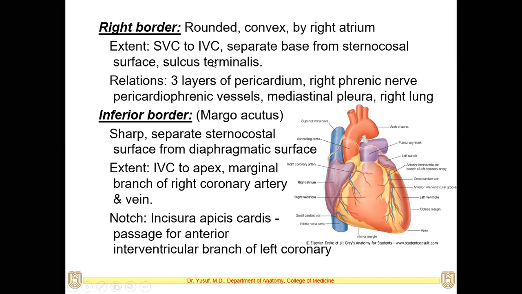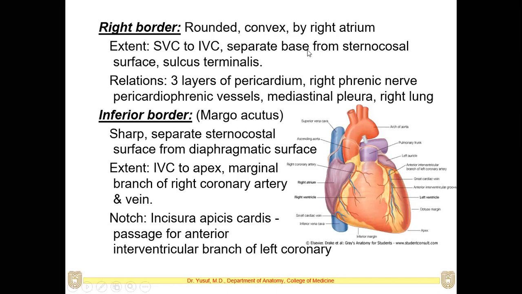Extending from where to where? So the right atrium as well as the right border extends from the superior vena cava, the end of the superior vena cava, to the end of the inferior vena cava. So here is the superior vena cava and here is the inferior vena cava, and in between is this right border. Okay, as well as even the right atrium. So the right atrium will be between the superior and inferior vena cava.